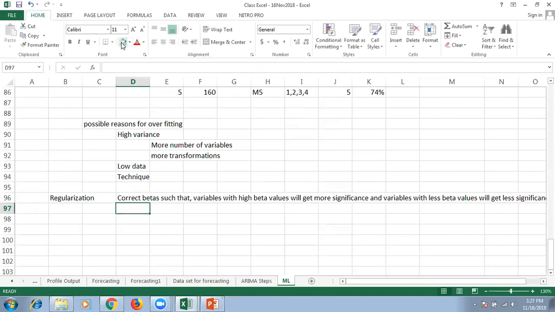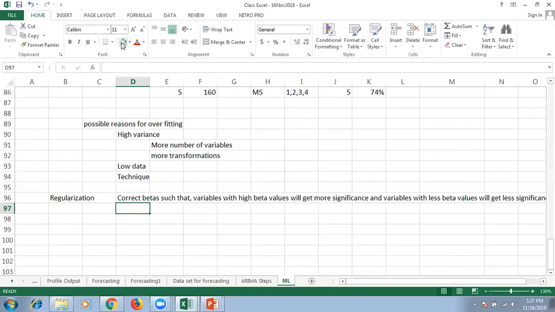So what does that mean? When can you say a variable is highly significant? When its beta value is high. If the beta value is high, we are trying to increase it so that it will be more important. And if the beta value is low, that means less significant.